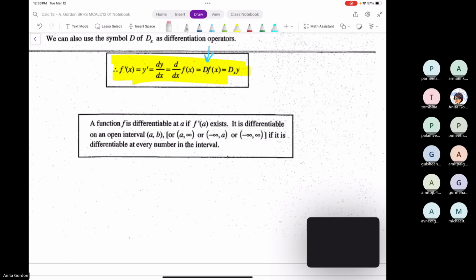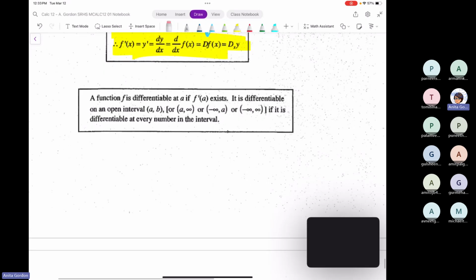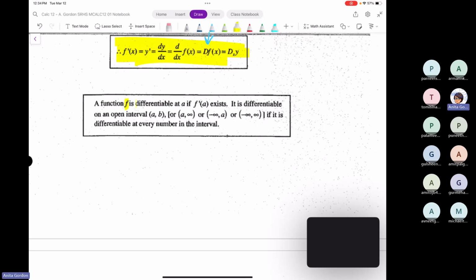The derivative. Which is, and what's another way of saying that? The slope of the tangent. So the function is differentiable if the derivative exists at that point.